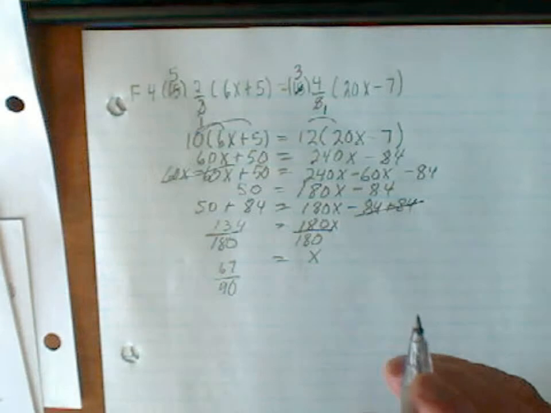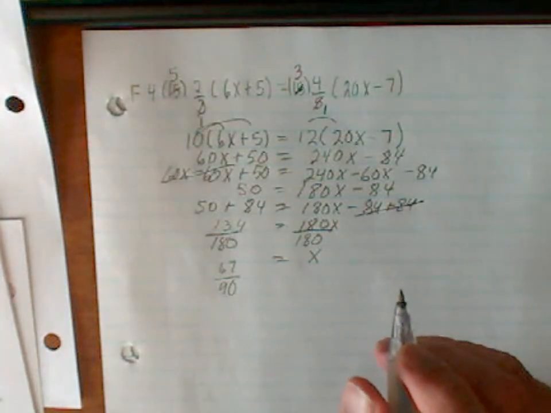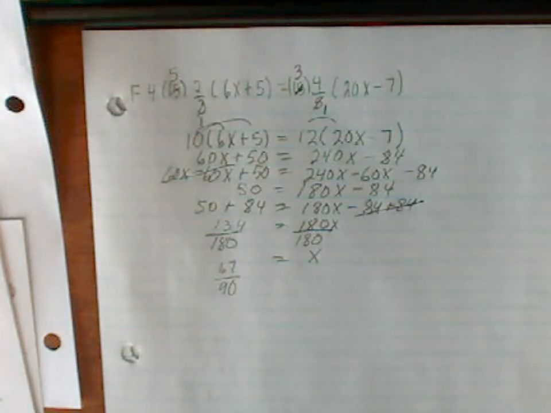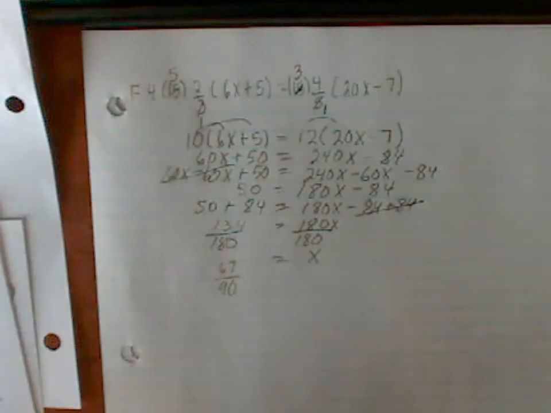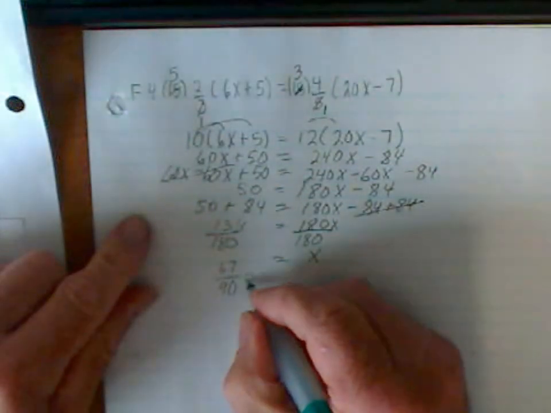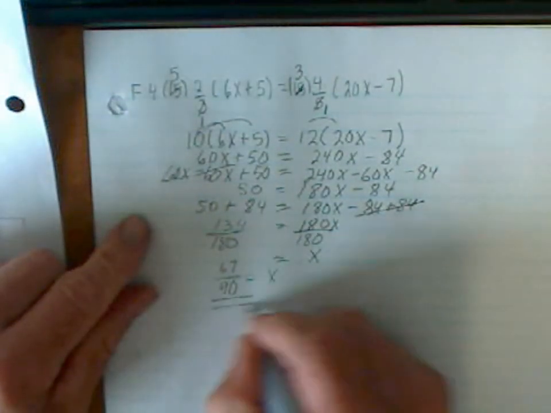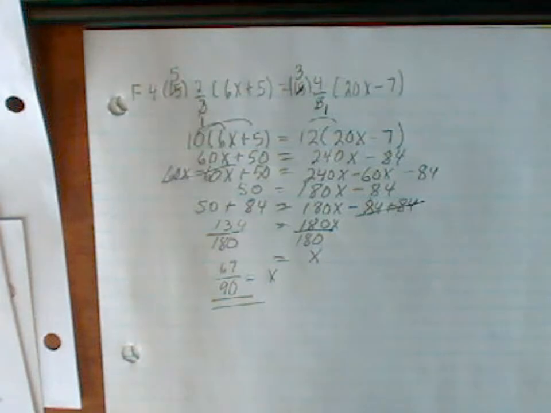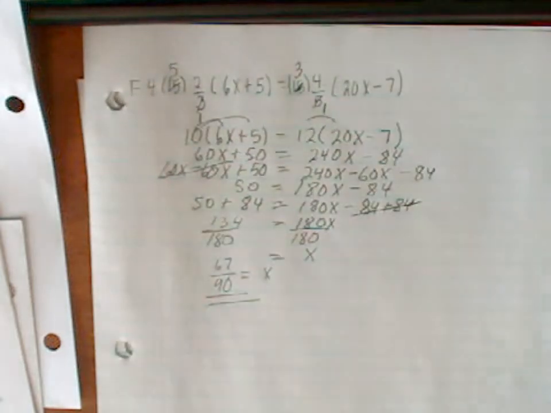And we can probably reduce that maybe by 3, or maybe that's it. No, I think that's it. Can make a mixed number, but 67 is a prime number, I believe, so that's where it'll stay. So 67 over 90. That's your answer.